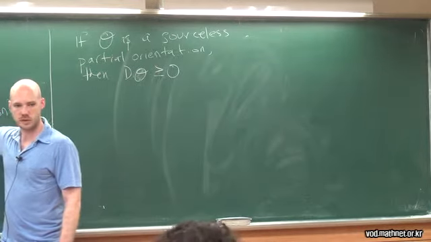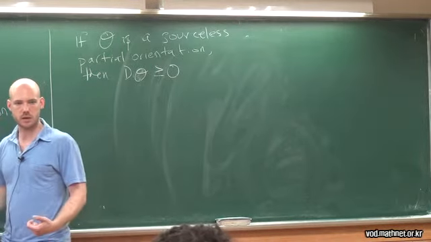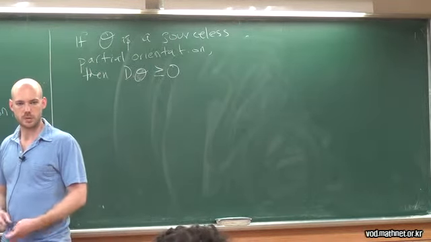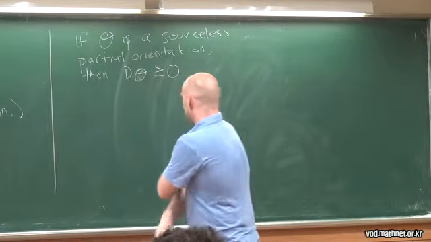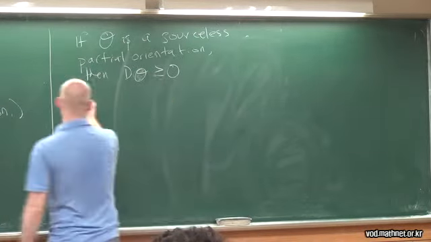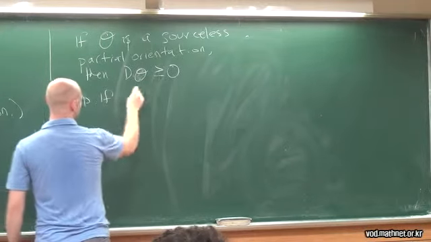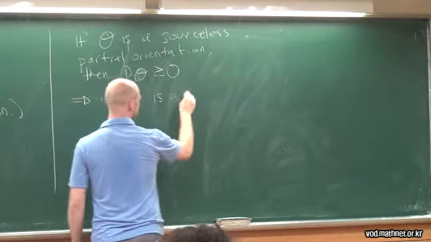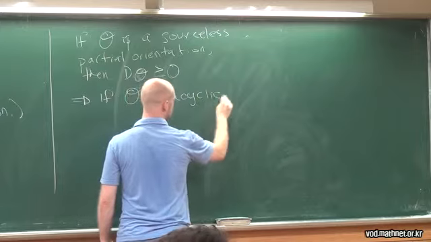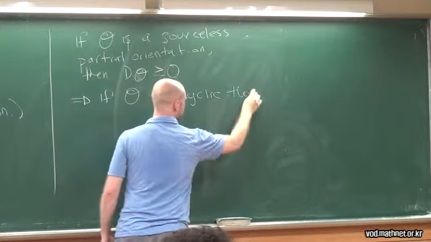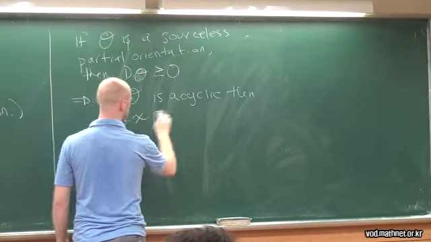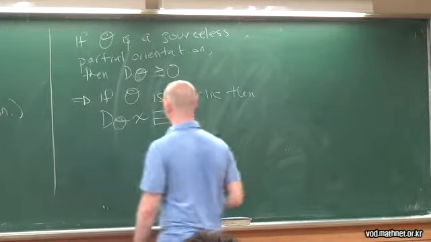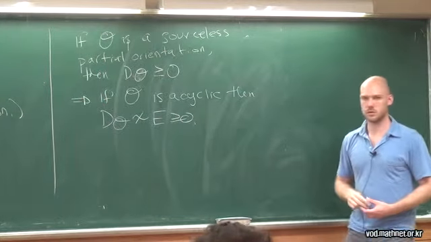This is the first sign that acyclicity is something very fundamental here. Therefore, if O is acyclic, then the associated divisor is not equivalent to a non-negative configuration.